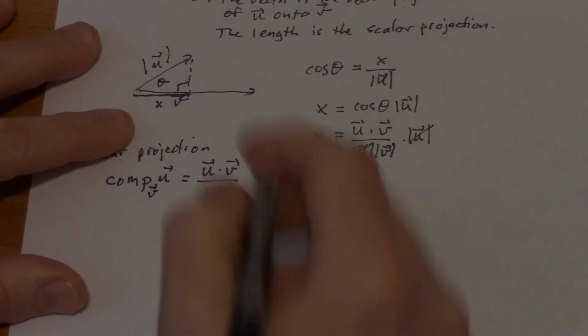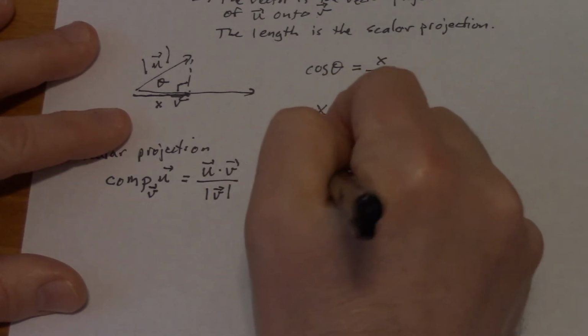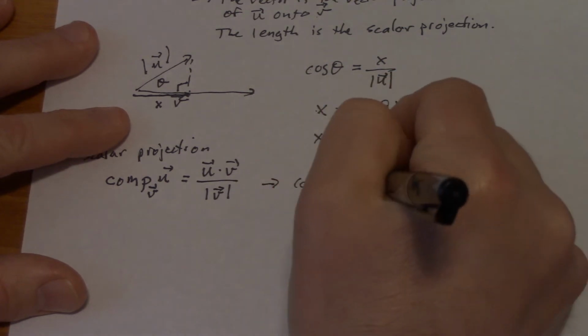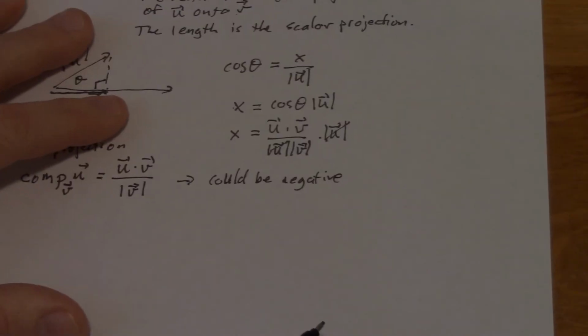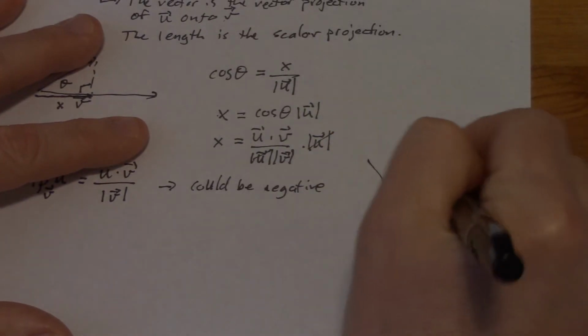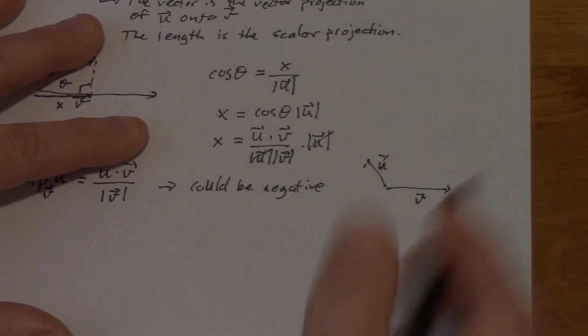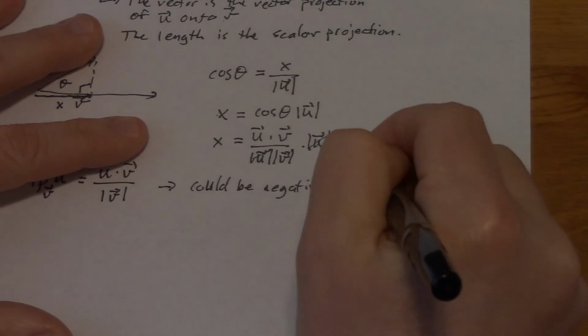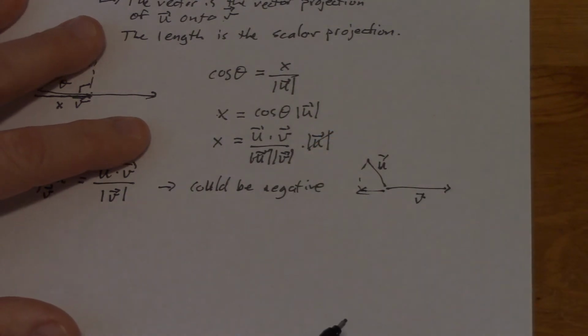Okay, so first thing we should note, this could be negative. And that's because the dot product can be negative. And what would the picture look like there? The picture would look like this. So the angle would actually be an obtuse angle. So when you do the projection, you're projecting back this way and it's going in the opposite direction of v.